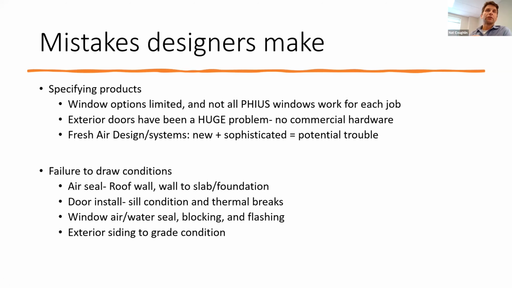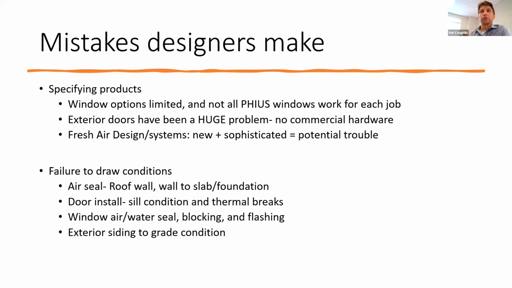Again, I talked about the windows a little bit and just making sure that the architect really is clear and has vetted the windows. They can't just write 4 window manufacturers in a spec and assume that all 4 are actually interchangeable. The biggest issue that we found in common on multiple buildings is that passive house doors don't necessarily play nicely with commercial hardware.